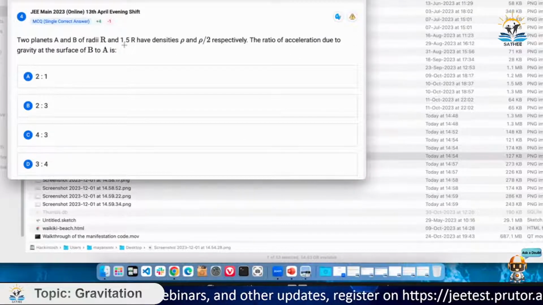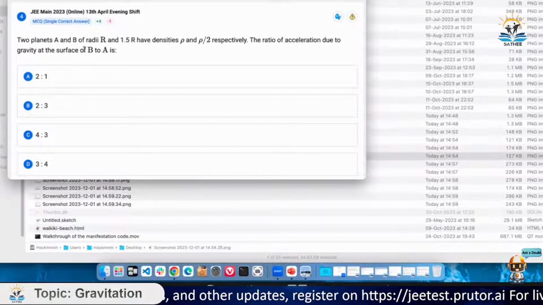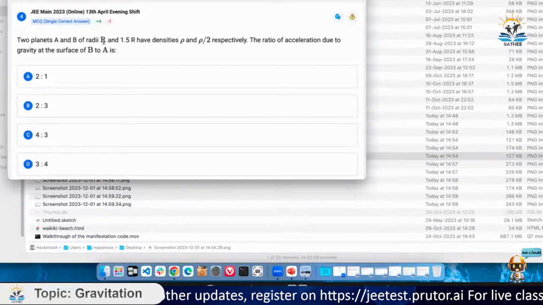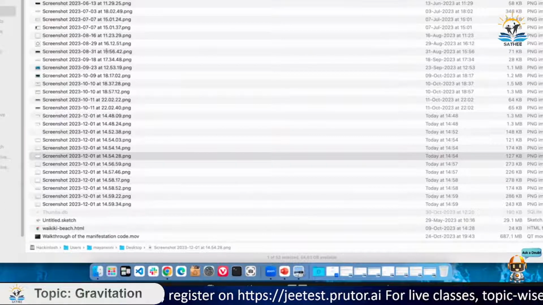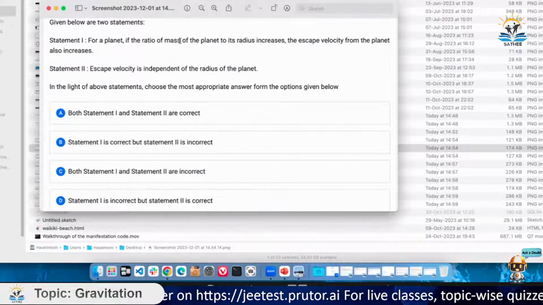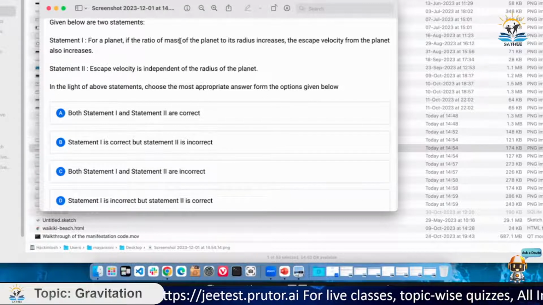Okay, now let us see this question. Statement one says, for a planet, if the ratio of mass of the planet to its radius increases, the escape velocity from the planet also increases.